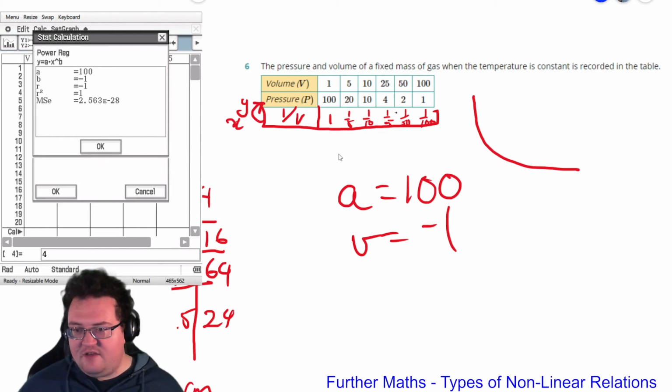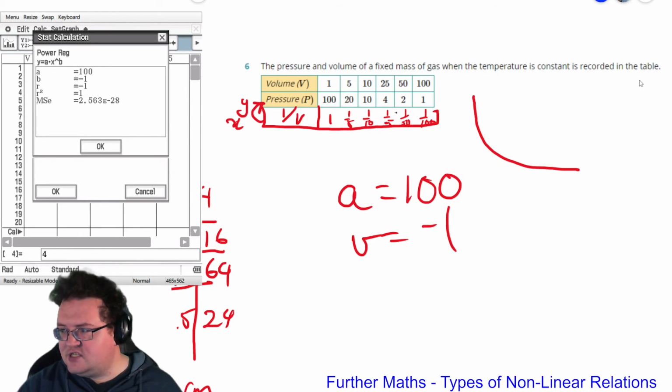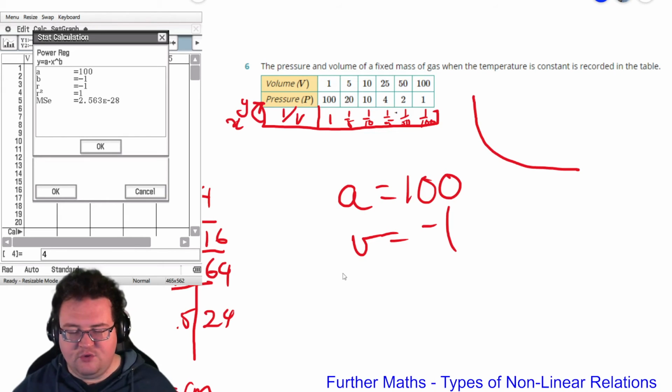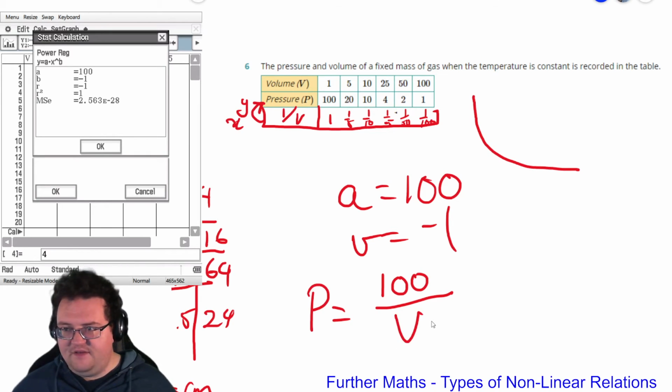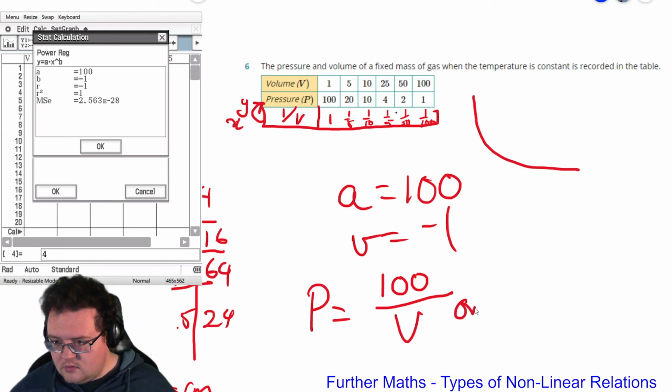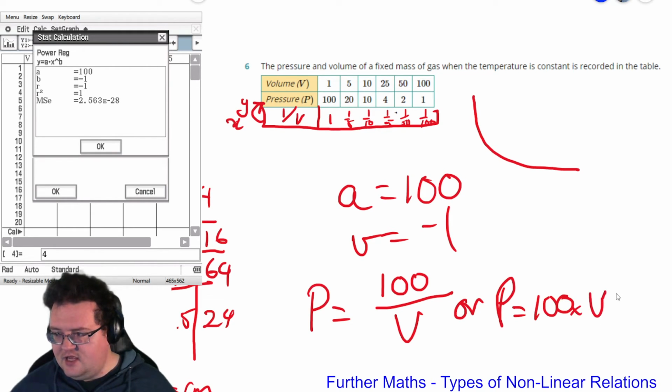So, I have this A value and this B value, so what I would need to do now is take my A and B values and write out the full equation, the rule for P versus V. So I would say that P is equal to 100 divided by V. Or P equals 100 times V to the power of -1.